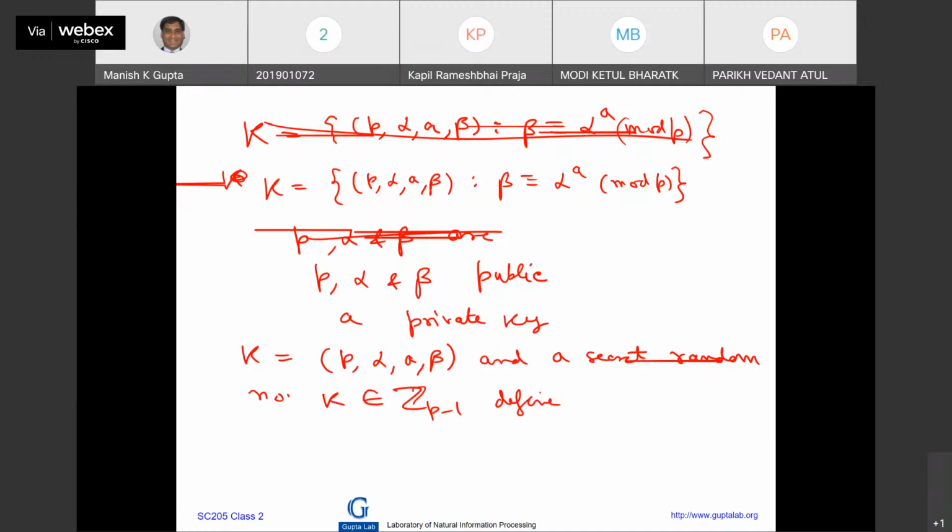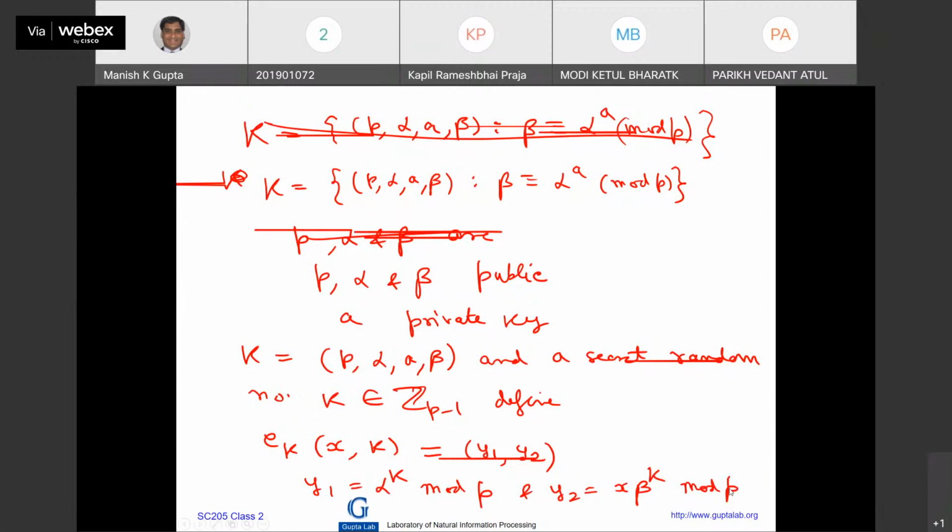Define the encryption e_k of x, where x is the plain text that you want to send, as the pair (y1, y2), where y1 is alpha raised to k mod p, and y2 is x times beta raised to k mod p.